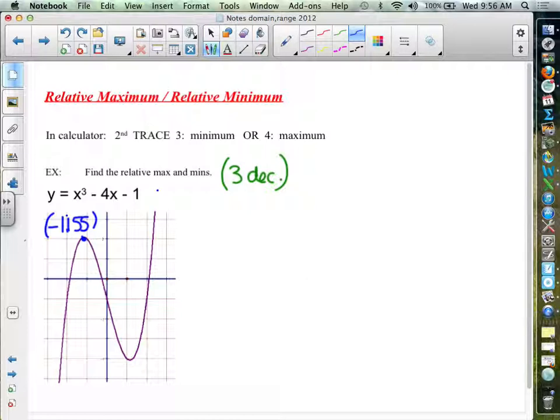And my y coordinate from that was 2.079.